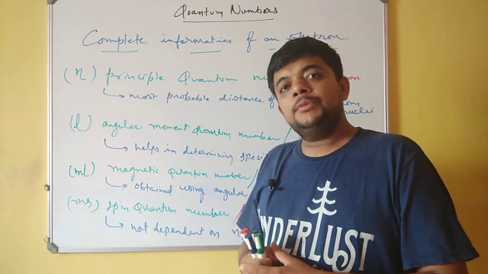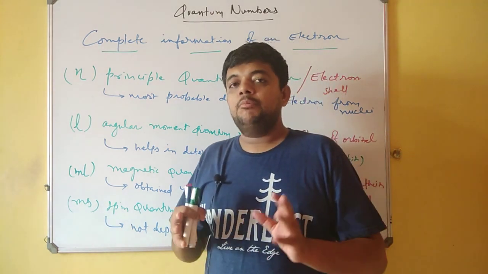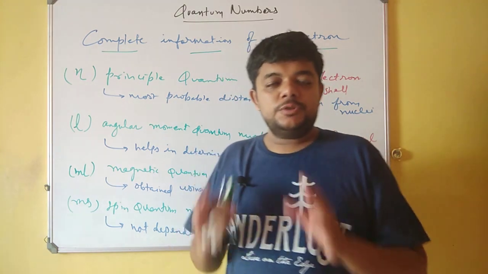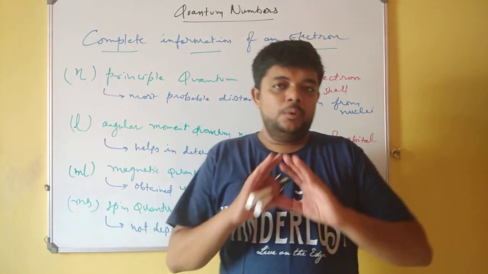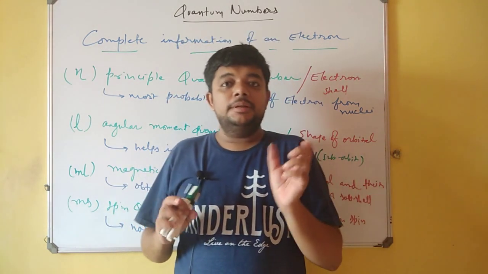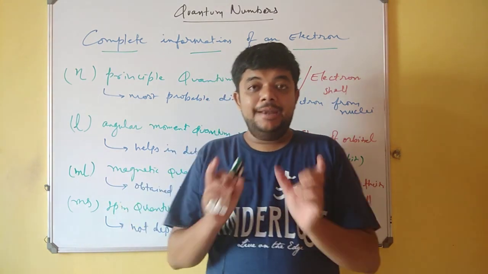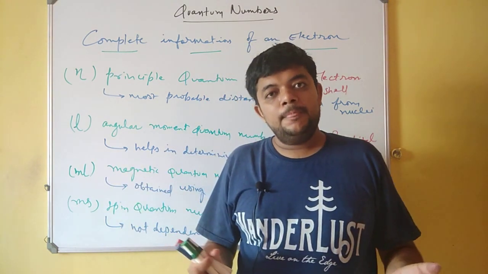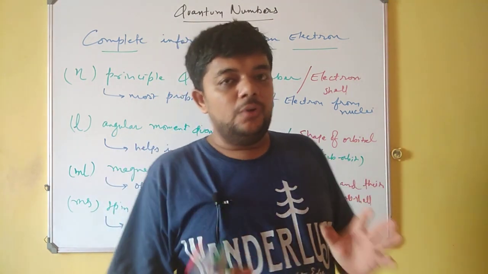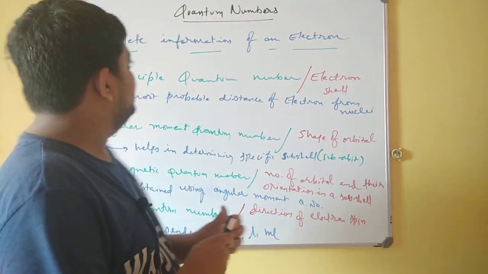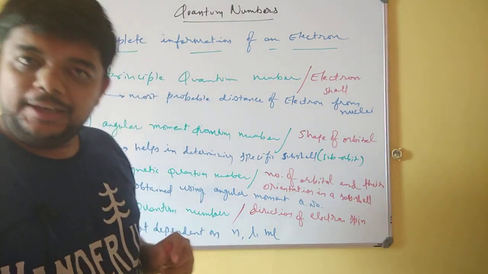So today our prime focus would be quantum numbers. First of all, very clearly understand in a single word, quantum number is an address. But going into the subject and speaking technically, we can always assume it as complete information of an electron.